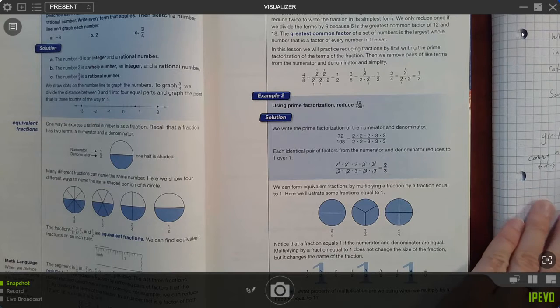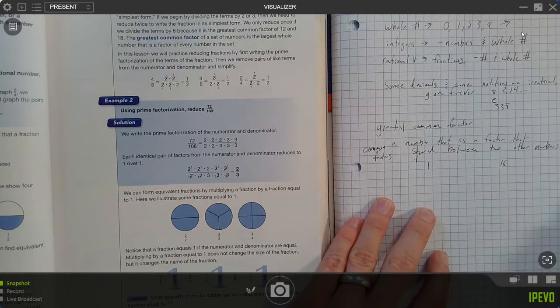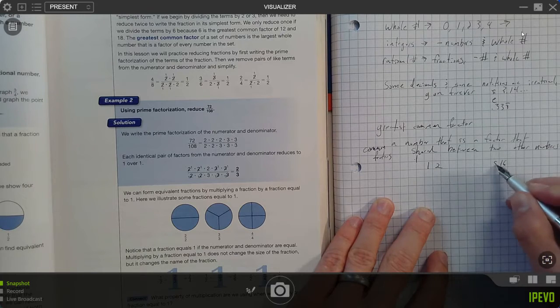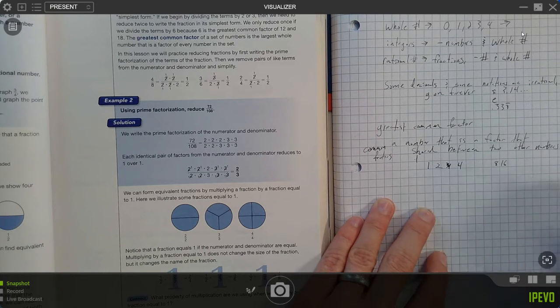So for 16, we have 1 and 16, we have 2, 8, and 4.